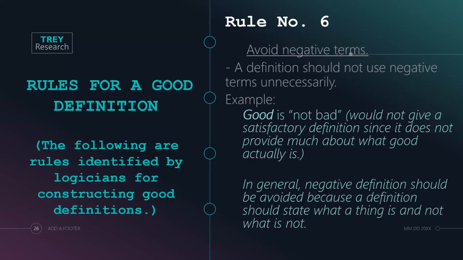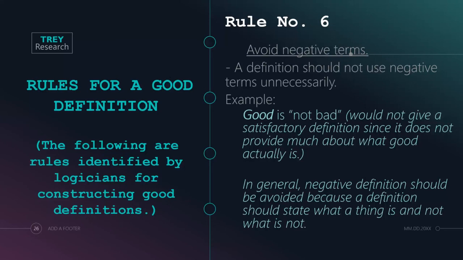In general, negative definition should be avoided because a definition should state what a thing is and not what it is not. So you should try to be more general about these kinds of things and not only by your own point of view. You're trying to look into a more general perspective that can represent the word or that concept.